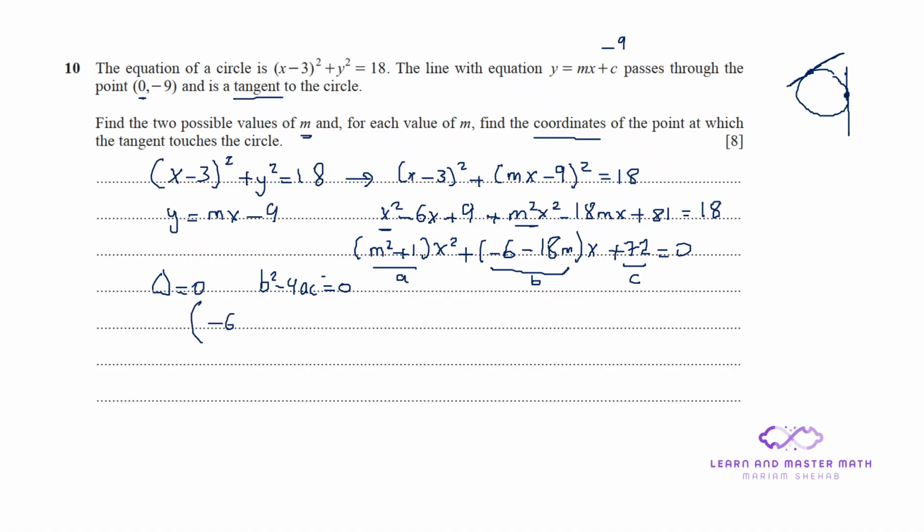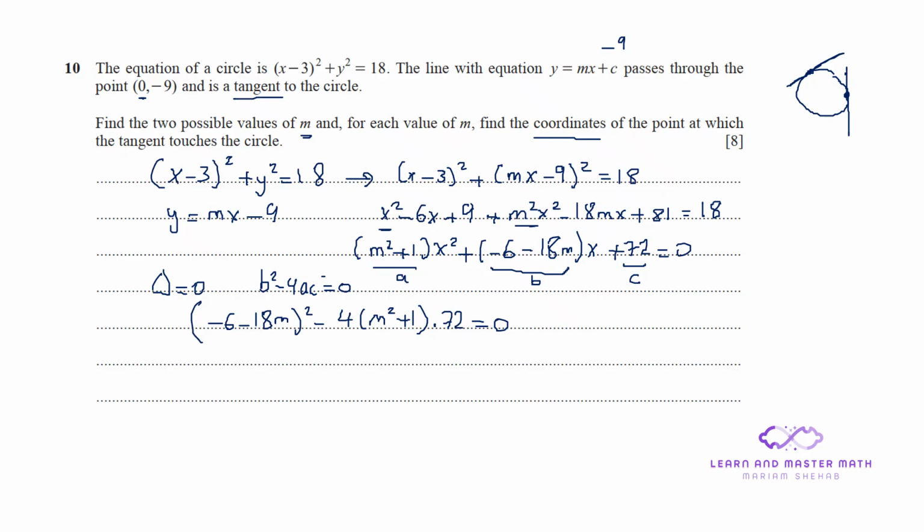(negative 6 minus 18m) squared minus 4 times (m squared plus 1) times c, which is 72. This is equal to 0.